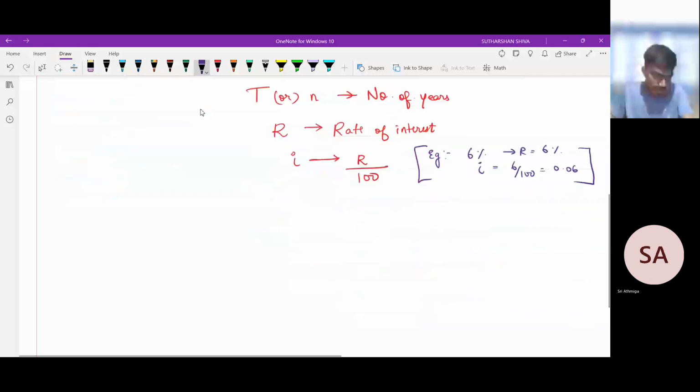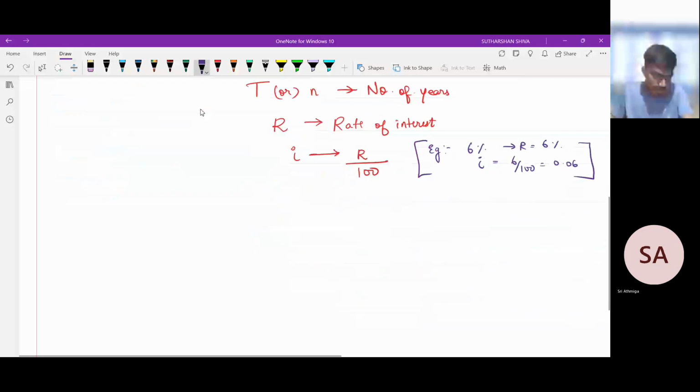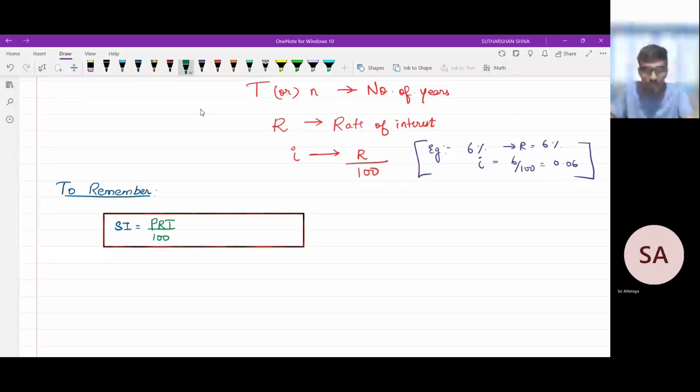Now we will go for the points you need to remember while doing a sum. First, I will give you the formula in a box. Just note it down. Simple interest is equal to PRT by 100, where P is principal, R is rate of interest, T is time, that is number of years, divided by 100.